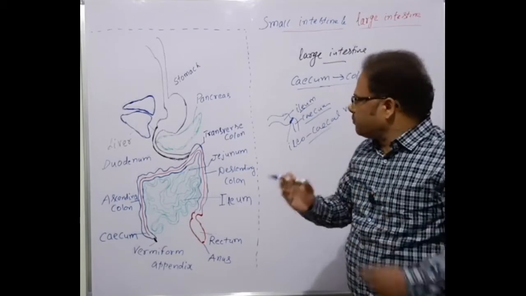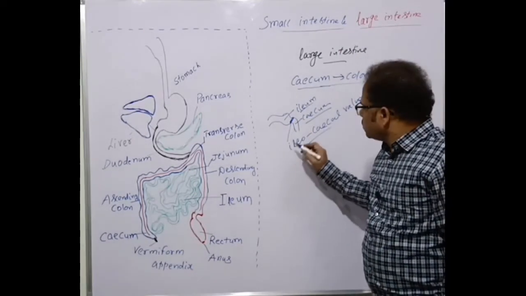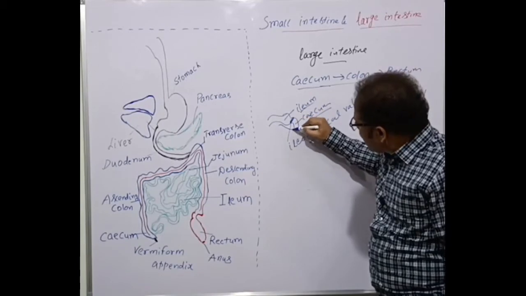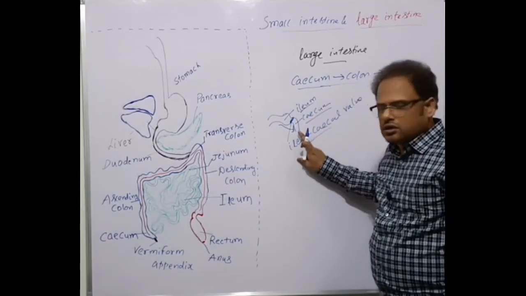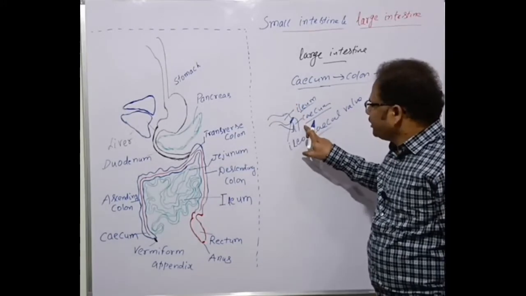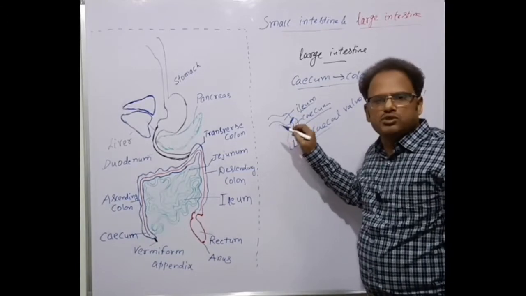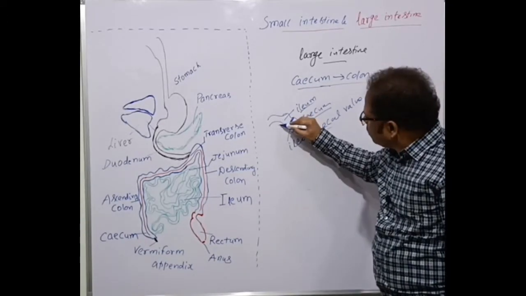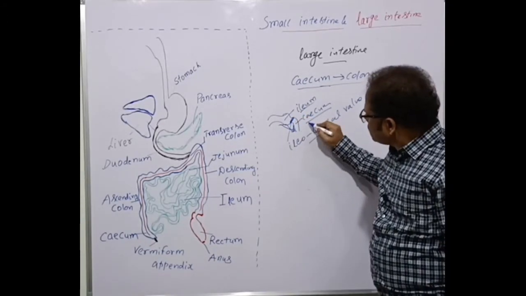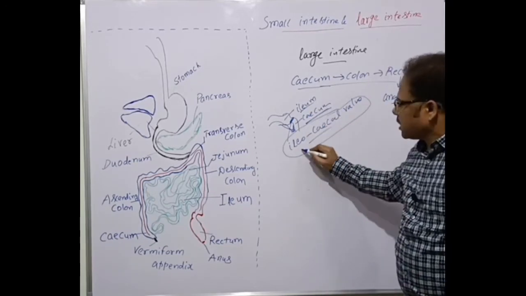So this undigested and unabsorbed food slowly comes from the ileum to the cecum. See, the ileum is the posterior portion of the small intestine and the anterior portion of the large intestine is the cecum. So the undigested, unabsorbed food from the ileum comes into the cecum, and that is guarded and regulated by a valve called the ileocecal valve.